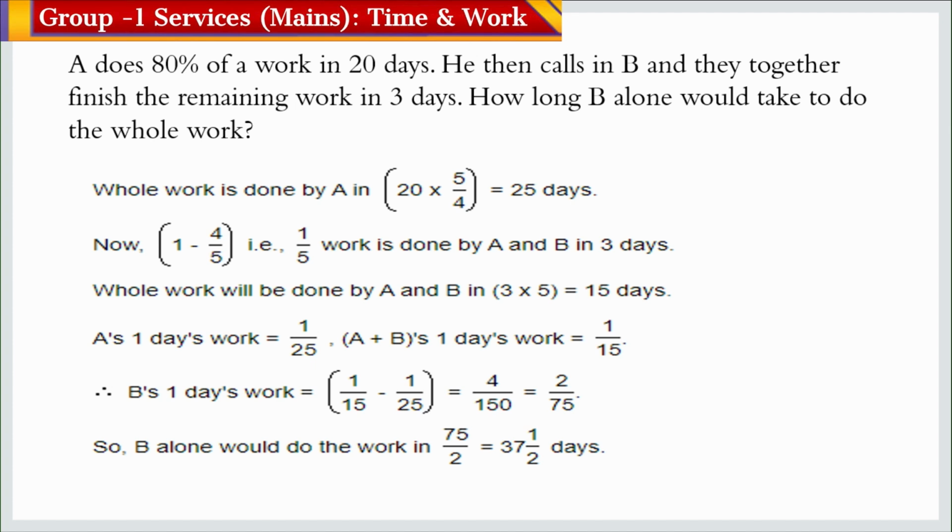The whole work done by A: 80%, means here 4 by 5, 80 by 100, correct? And the remaining is 20%. So, 80% work done in 20 days.